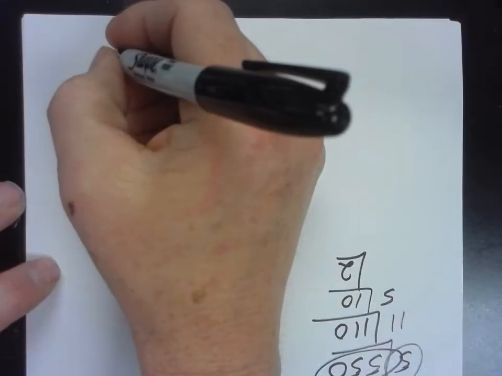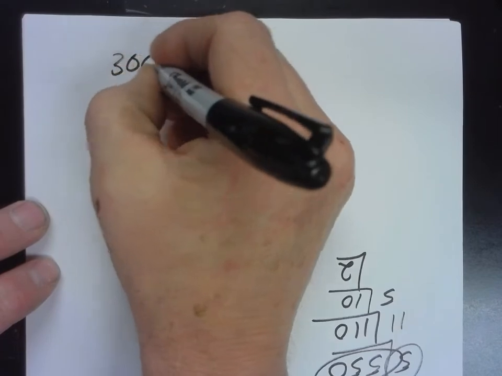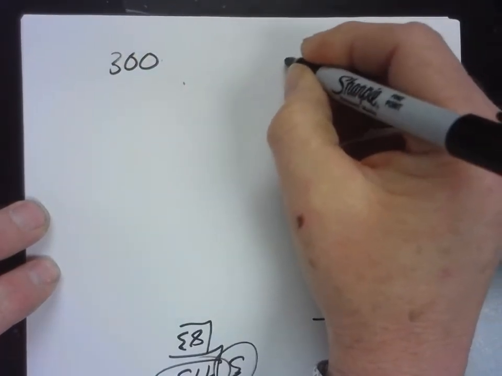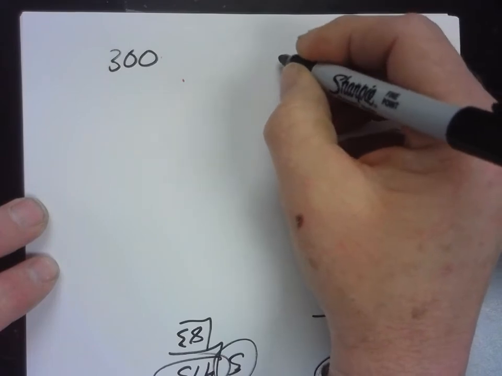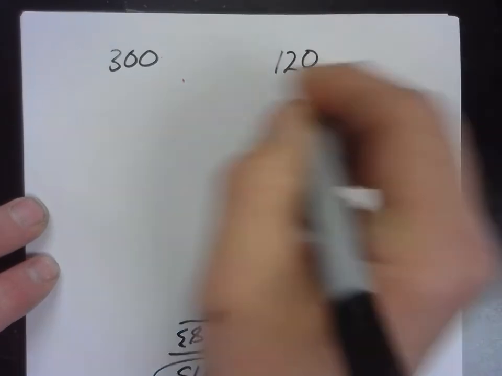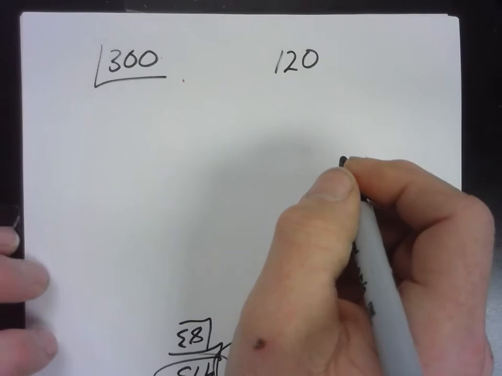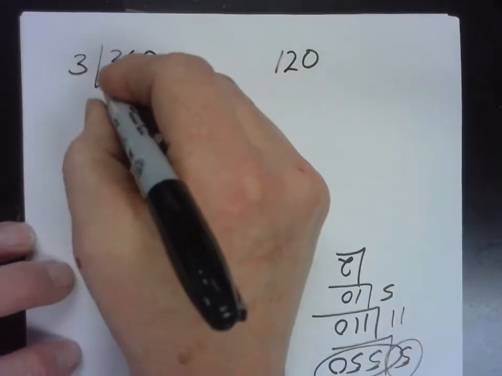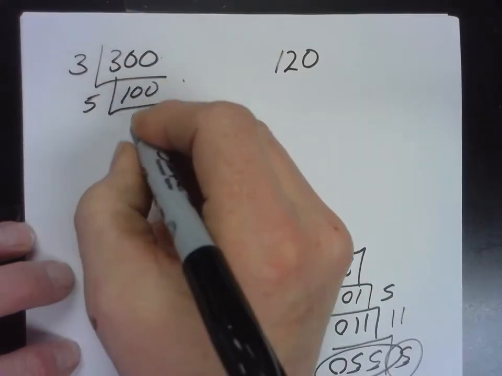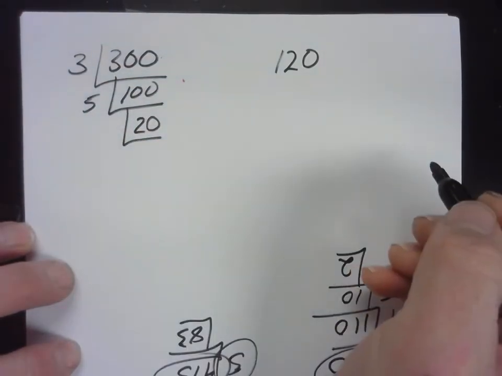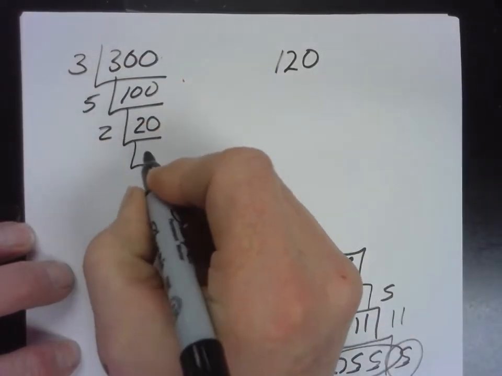Now let's look at some that have a little bit more in common. Let's do 300 and, well, should we do 120? Okay. What goes into 300? 3. Good choice. 5. 2. 2 again.